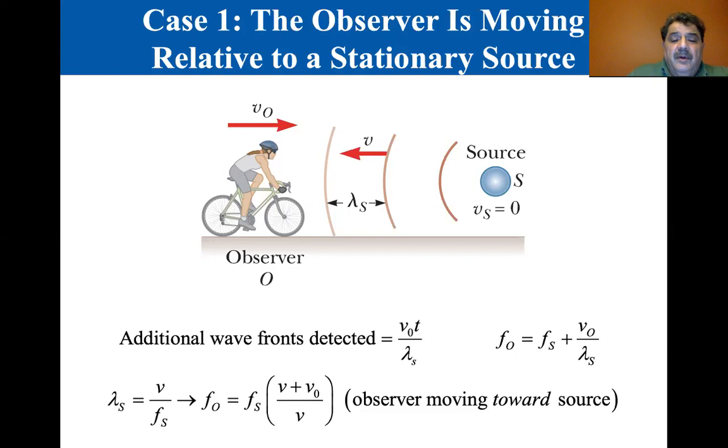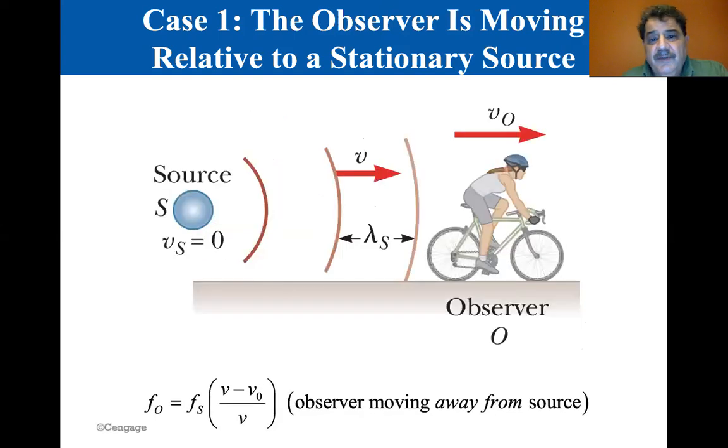So if the lambda of the source is equal to the velocity divided by f sub s, then we get the frequency of the observer is equal to the frequency of the source times (v plus v0) divided by v. So that's the observer moving toward the source.